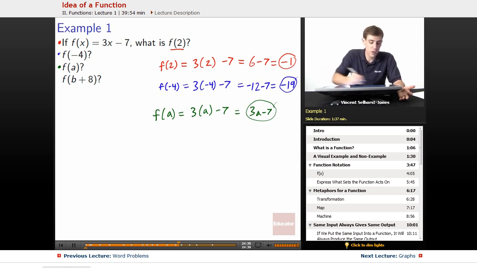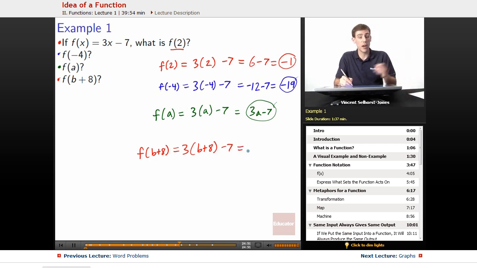And what if we want to do b plus 8? Same thing, f of b plus 8 equals 3 times b plus 8 minus 7. So we have to distribute, and notice how important it was that we put it in parentheses. If we just plugged it in as 3b plus 8, that'd be totally different than 3 times the quantity b plus 8.